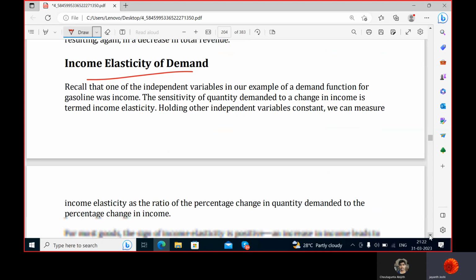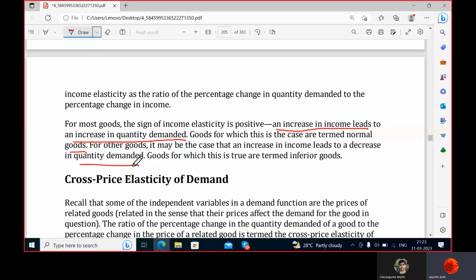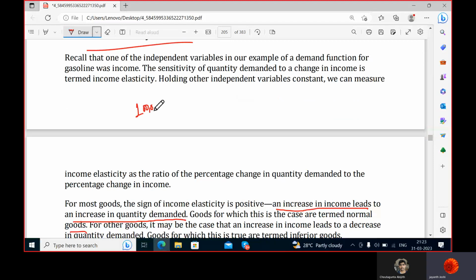There can be some particular scenario. See what happens if someone is getting an income of 10,000 rupees, and he goes with his kid to a grocery shop, and there the kid demands a chips packet, so he buys one chips packet for that kid.